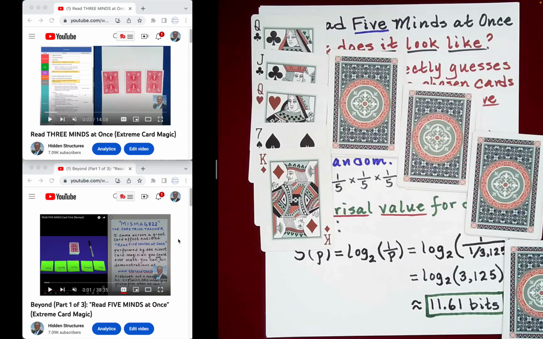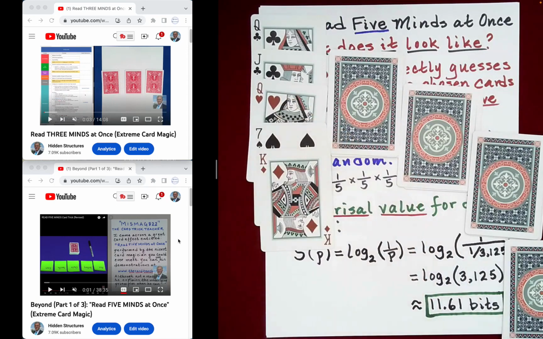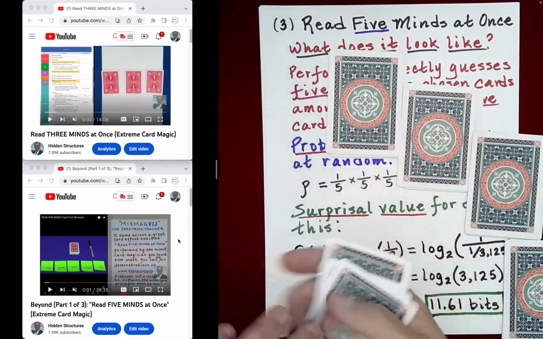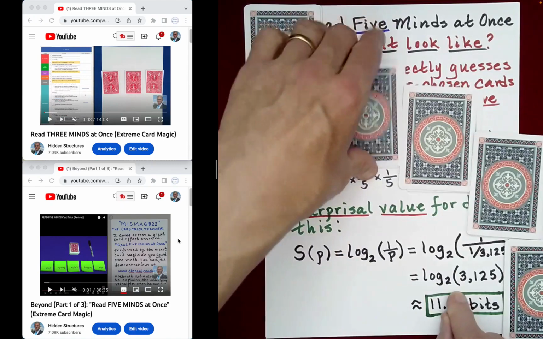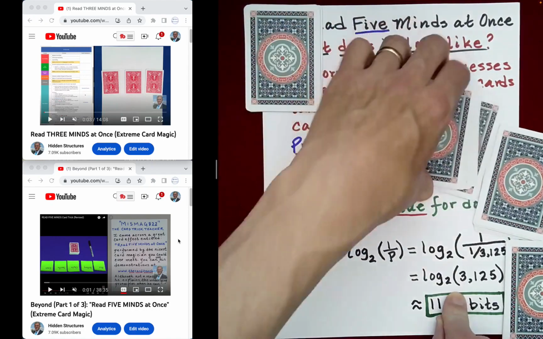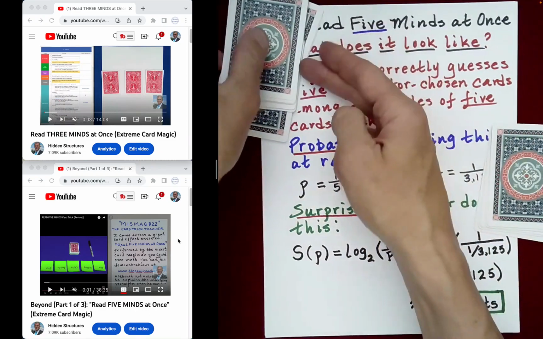Now, if you only have 1 spectator, they can just, on a piece of paper, write pile 1, and then maybe they randomly choose the Queen of Hearts. They do the same thing for pile 2, 3, 4, and 5. These piles of 5 cards each are then randomly stacked by the spectator. They can decide how this is done.